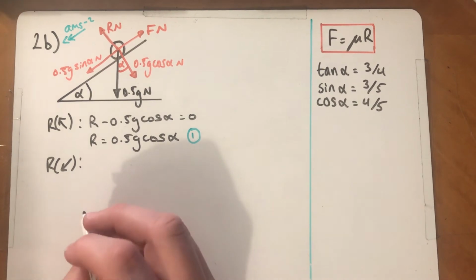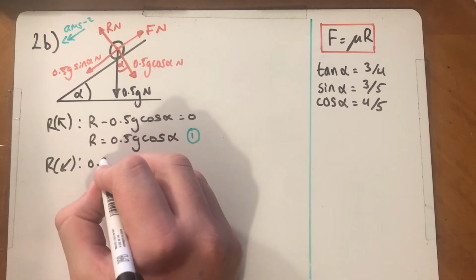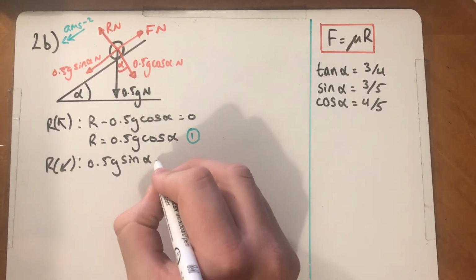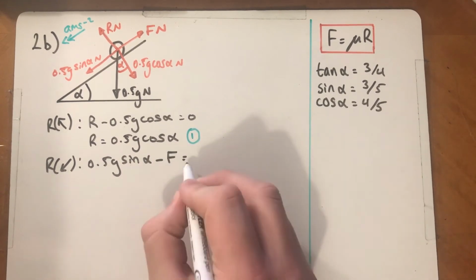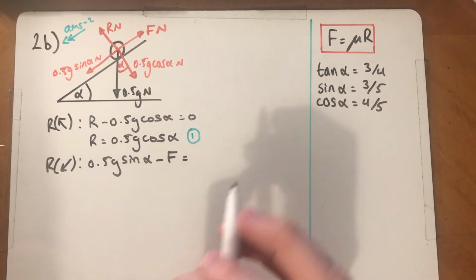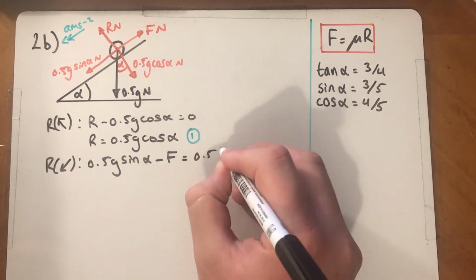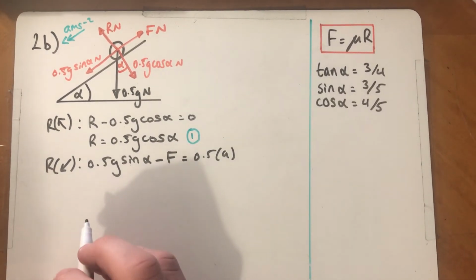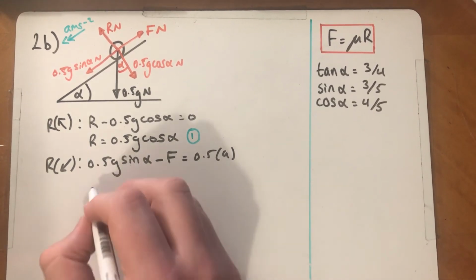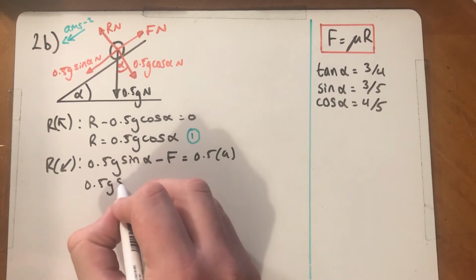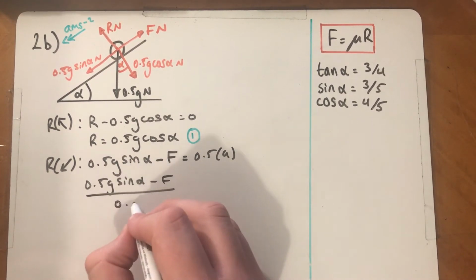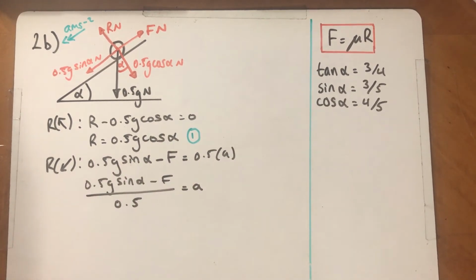So resolving down the plane, we get 0.5g sine alpha minus F is equal to mass times acceleration. The mass is 0.5 and the acceleration we don't know is simply a. On my next line I'm going to divide both sides by 0.5 because we're looking for a. So we get 0.5g sine alpha minus the frictional force, all divided by 0.5, is equal to a.